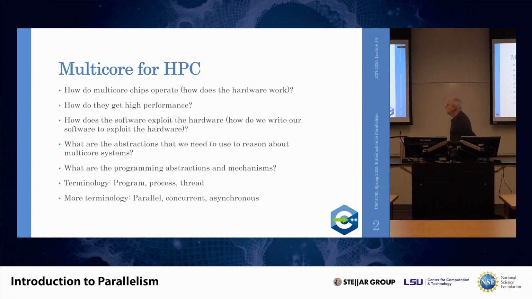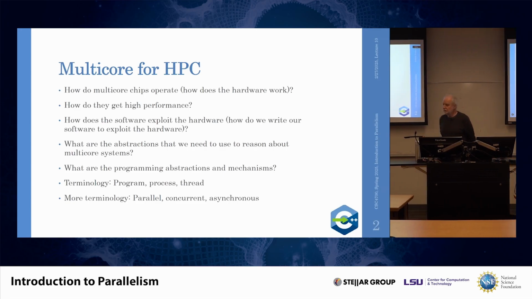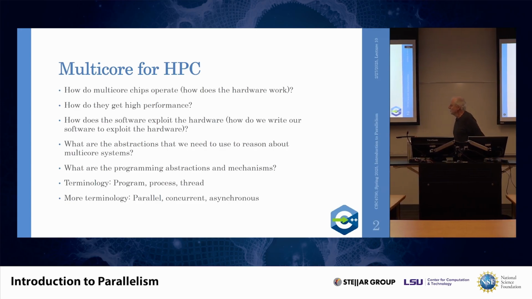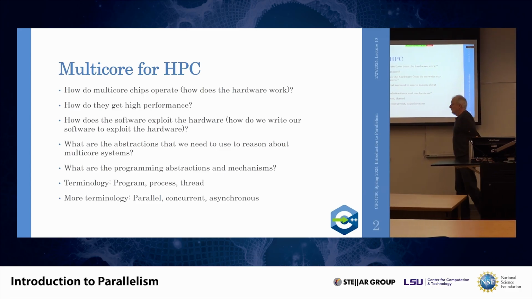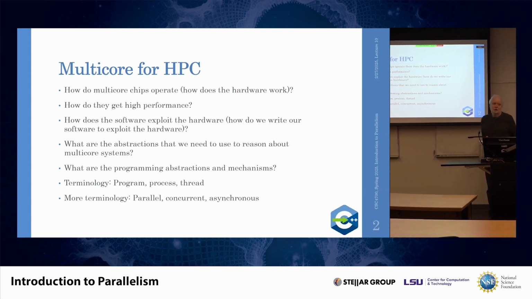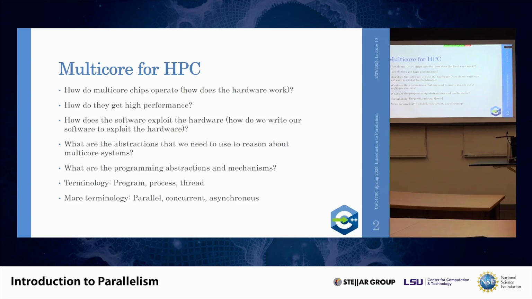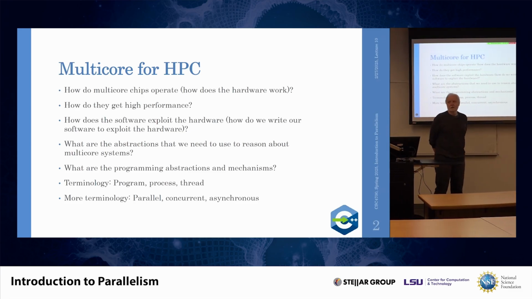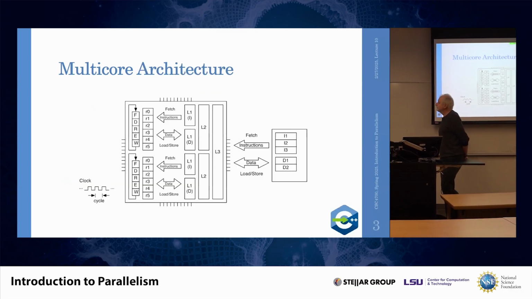We will look into the abstractions that we need to use to reason about multi-core systems. We will touch on programming abstractions and mechanisms, some terminology introduction, and in the end, more terminology. So it will be, as I said, a lecture without code, but rest assured, starting next lecture, there will be plenty of C++ code again.